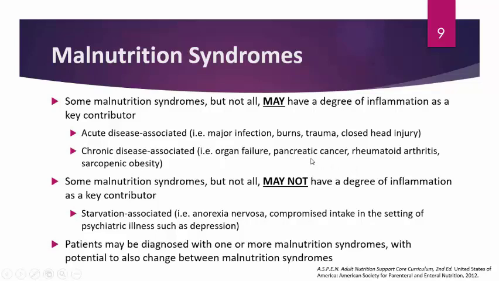Pancreatic cancers and cancer in general can be a chronic disease-associated type of malnutrition syndrome, assuming that malnutrition develops. Rheumatoid arthritis, which is already an inflammatory disease state. And then something else called sarcopenic obesity.